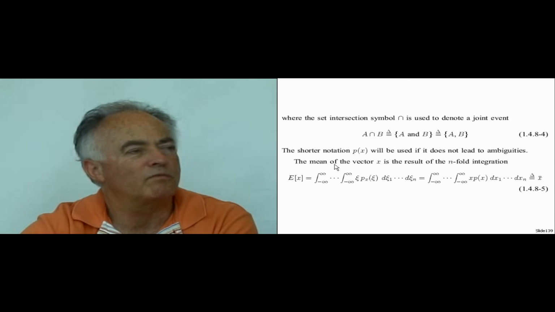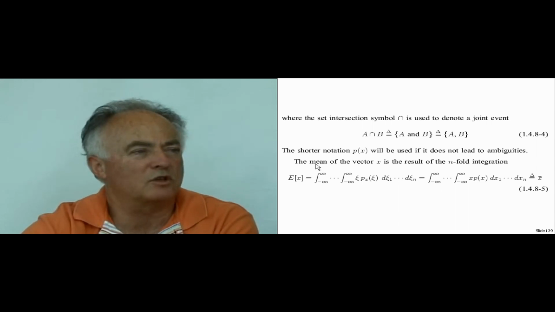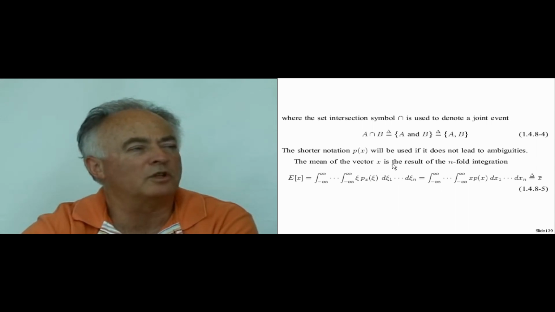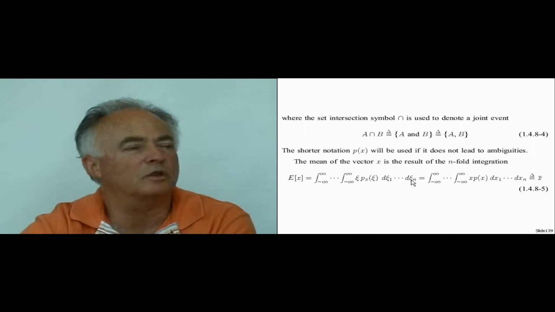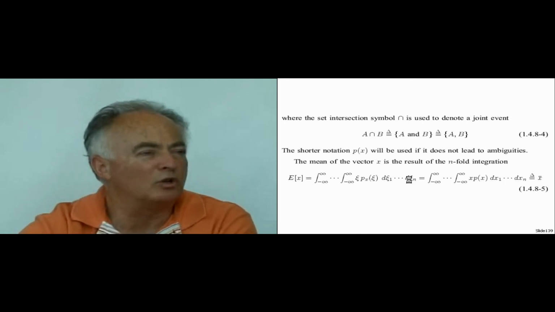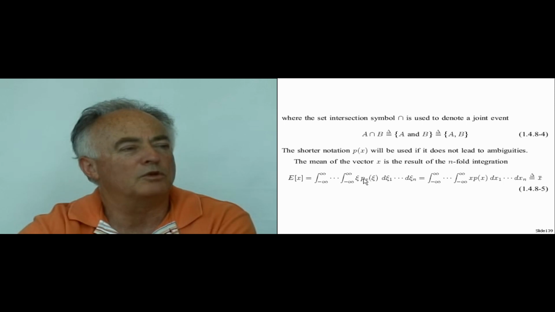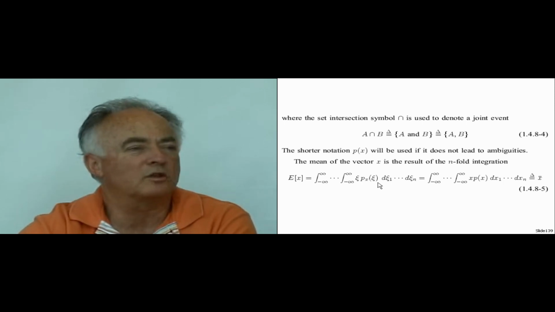Now, moments. The mean of the vector x is the result of an n-fold integration. E of the vector x is the integral, that's n integrals here, of xi, a vector, times p sub x at xi, d xi 1 through d xi n. So what we have is this n-fold integration written in one notation here, which is more complicated, and in the simplest possible notation on the other side of this equation.